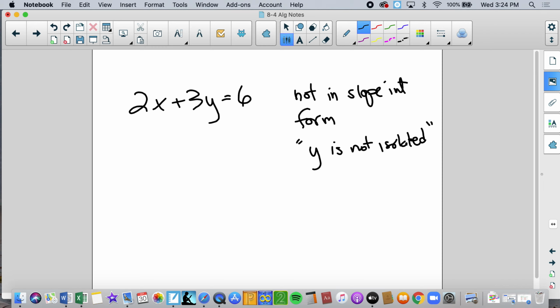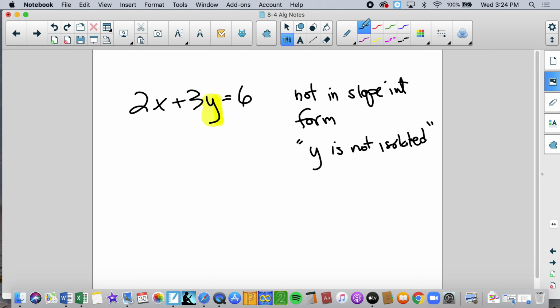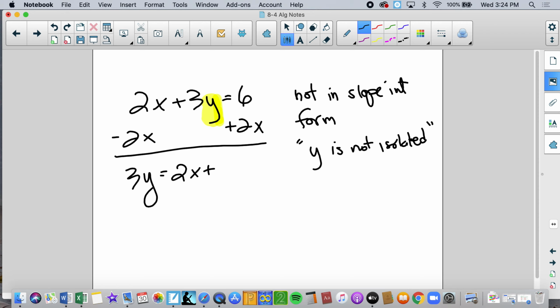We have to solve for y. That's why in the other section, we did problems like this, 82 and 83. We tried a number of problems where we had to isolate y. So there are two things happening to it. 2x is being added to it, and 3 is multiplying. We're always going to get rid of things being added and subtracted. That leaves you with 3y equals -2x plus 6.